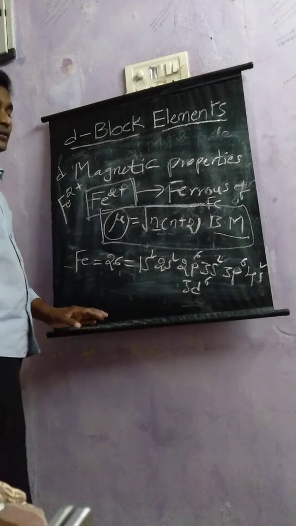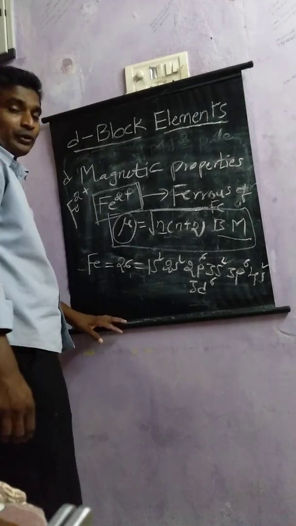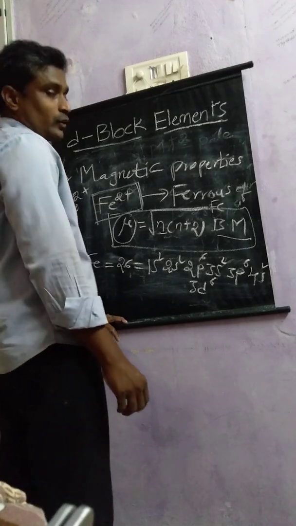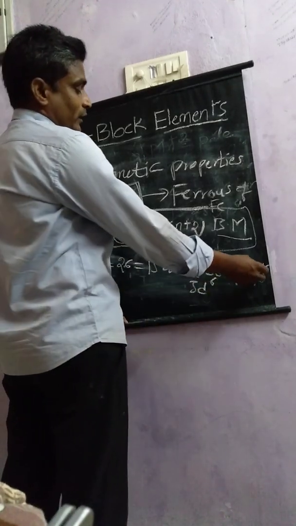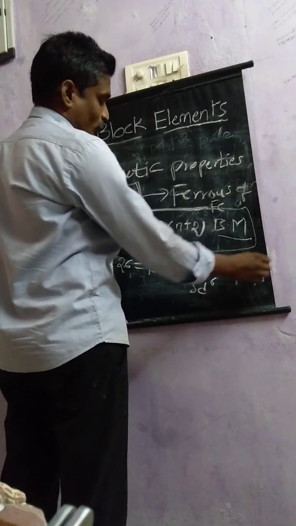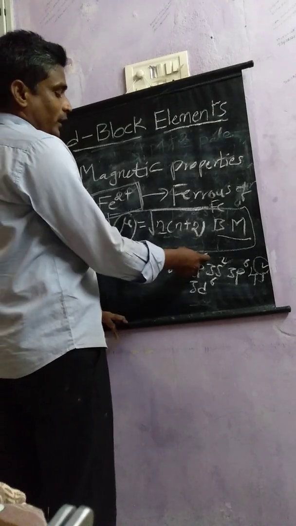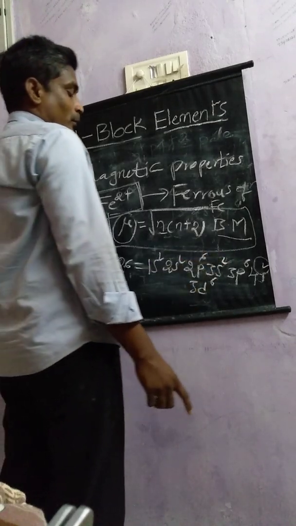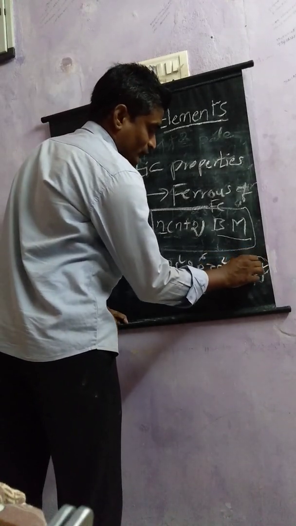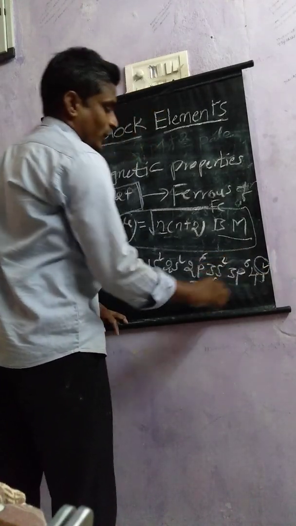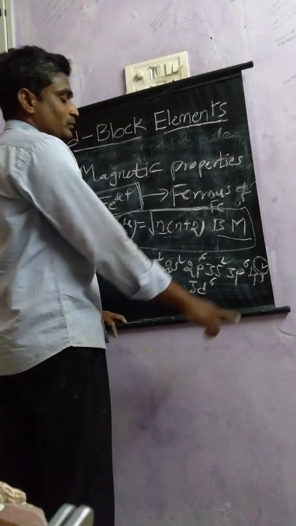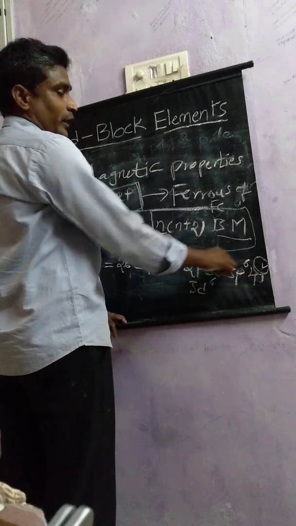That means we have to remove 2 electrons from its electronic configuration. We could remove from here, here, here, here. But we are removing from the 4s orbital. Why are we removing 2 electrons from here only?